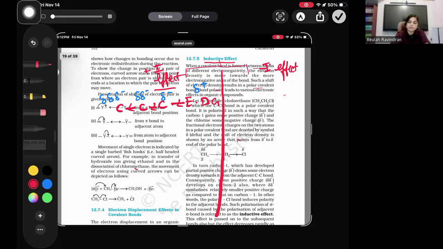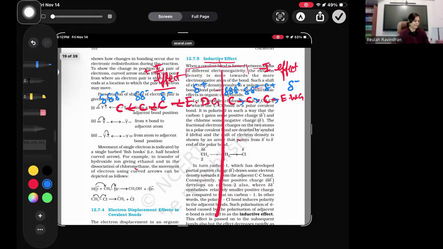If the electron withdrawing group is attached to the chain C, C, C, then the arrow mark is on the right side. This will be delta minus, this will be delta plus, here delta of delta plus, here delta of delta of delta plus. Like this, you have to categorize.